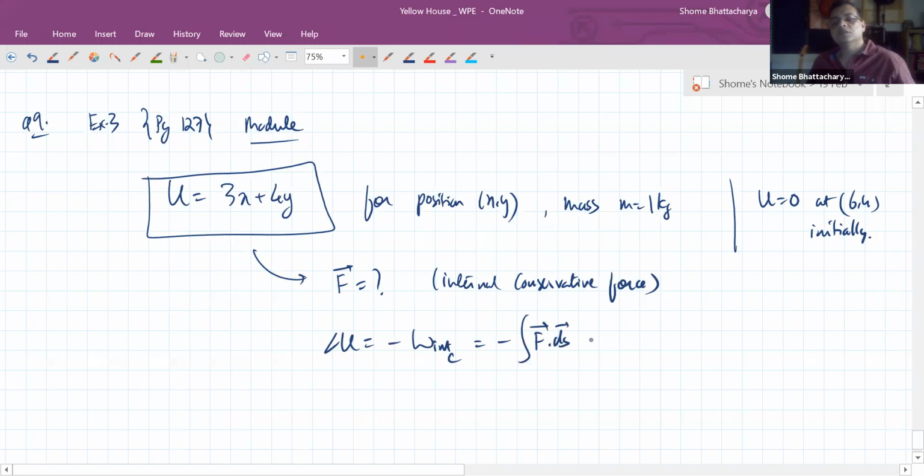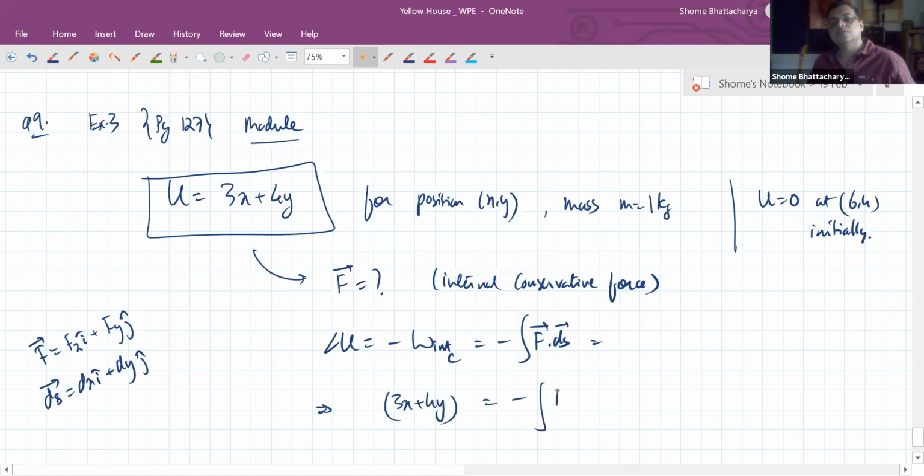So here the force will be two dimensional, and the displacement will also be two dimensional in general. So we can see that 3x plus 4y is equal to minus of the integral of fx dx plus fy dy from 0 comma 0 to x comma y.